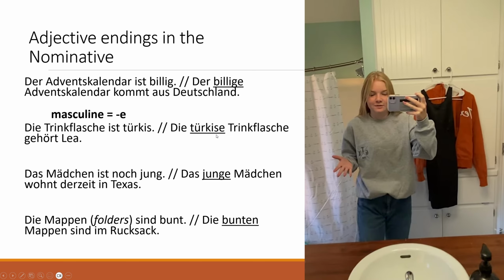So for nouns preceded by definite articles, so der, die, das, die, in the nominative, it's E, right? So der billige Adventskalender. Same with the feminine, die türkise Trinkflasche. Same with neuter, das junge Mädchen. Those are your adjective endings for der, die, das, and then for the plural, it's EN, die bunten.